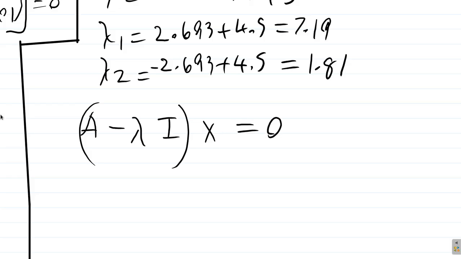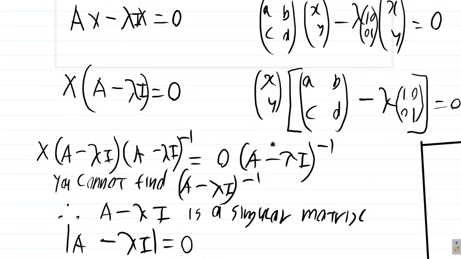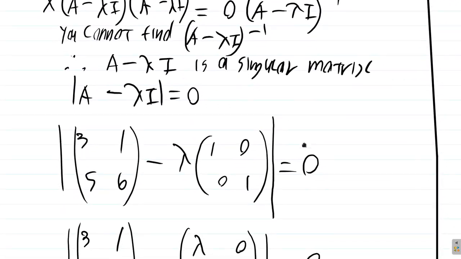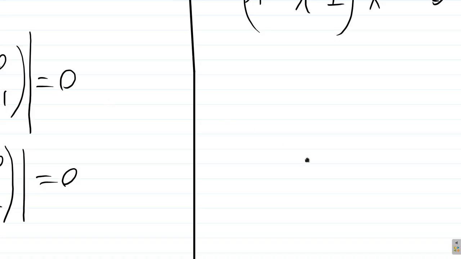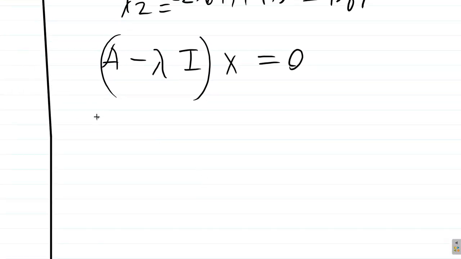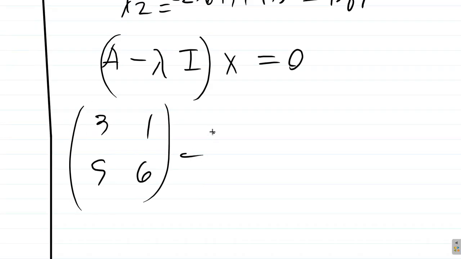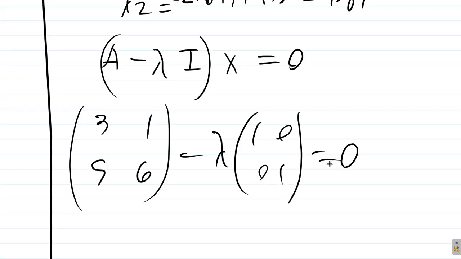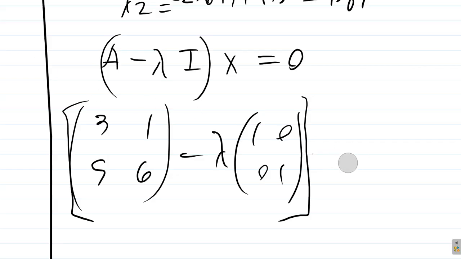Now, A was [3 1; 5 6]. So we have [3 1; 5 6] minus lambda [1 0; 0 1], times (x, y) equals 0.